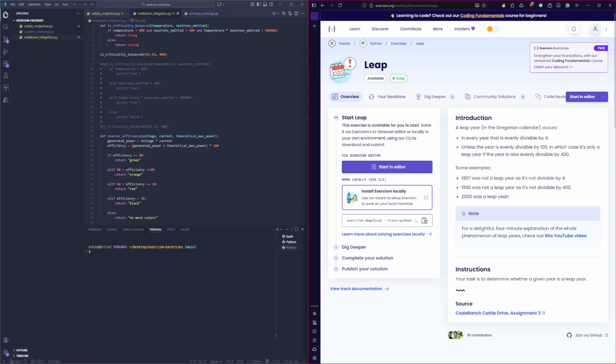Some examples: 1997 was not a leap year as it's not divisible by 4. 1900 was not a leap year as it's not divisible by 400. 2000 was a leap year.